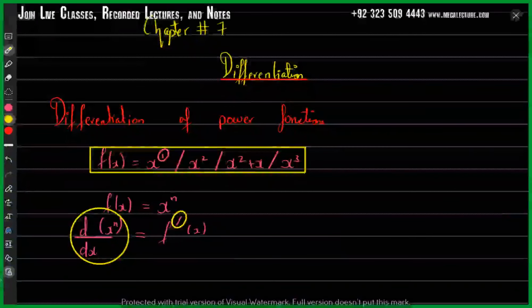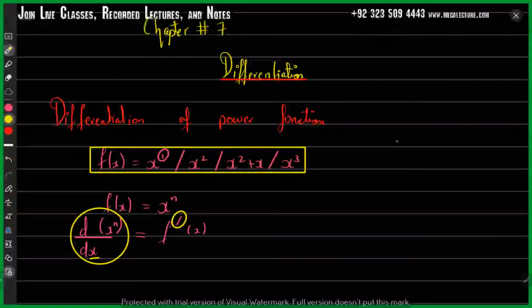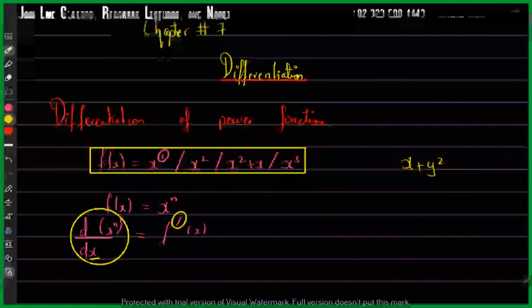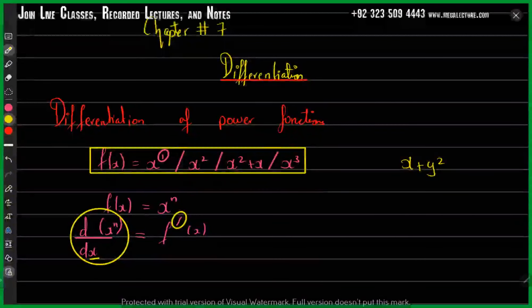The next thing is, what does this x imply? Now for now, you guys can see that in your function, the only variable is x. But let's say if you come across something of this type, x plus y squared, you will get to see such functions as well in future, right? Once you go to A2.